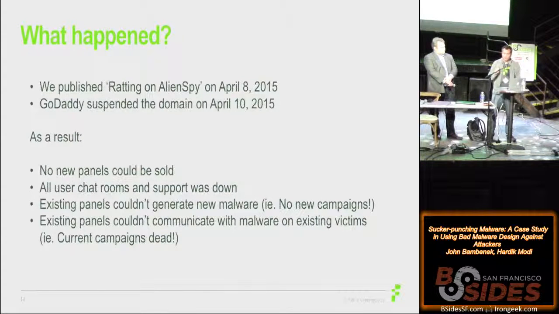But more importantly, everybody who had a panel was connecting back to alienspy.net for authentication and licensing. So every panel went down, and as a result, they could not generate any new malware, and every existing campaign, because the panel was down, if you were a victim connecting back to somebody running a panel, well, that guy's panel is down.